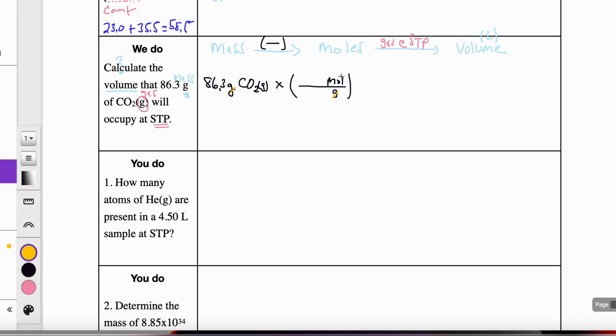So I'm right here mathematically now. I have to do one more step to get to liters because I'm not quite in liters, so I need another equivalence. This time, I'm in moles, I want to get to liters, and I want to be able to cross off moles.